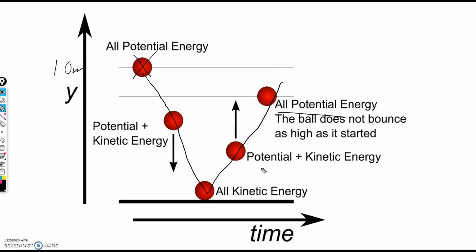But remember, the energy of the total system has to be conserved. So at any time, your potential energy and your kinetic energy at the end have to equal the potential and kinetic energy of the beginning. Okay, so they're always conserved at any point.